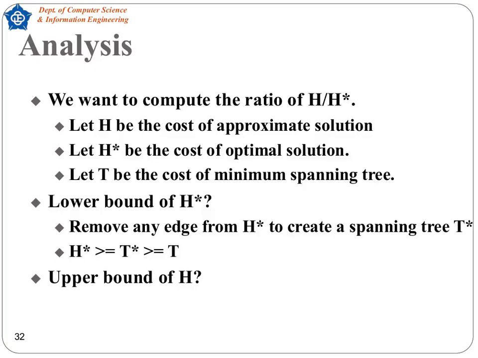Since the optimal tour must cover at least T', and T' can't be smaller than the minimum spanning tree cost T, we conclude H star is greater than or equal to T. With that lower bound in place, our next step is to establish an upper bound on H so we can pin down the full ratio H divided by H star.